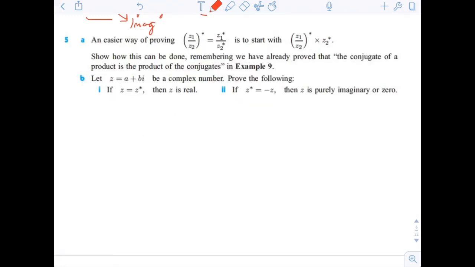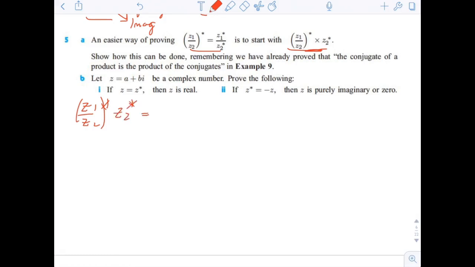5a. An easier way of proving this is to start with this. Okay. All right. So basically, if we start with this, you can see that this is kind of like one part of it, right? That part of it. So let's start with this relationship here. Z1 divided by Z2 conjugate times Z2 conjugate.